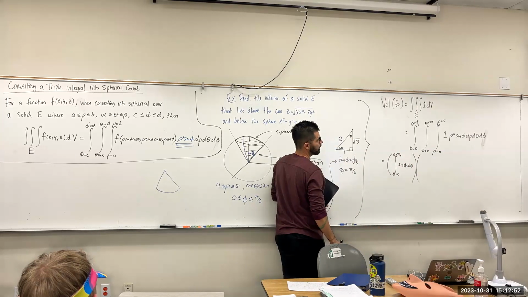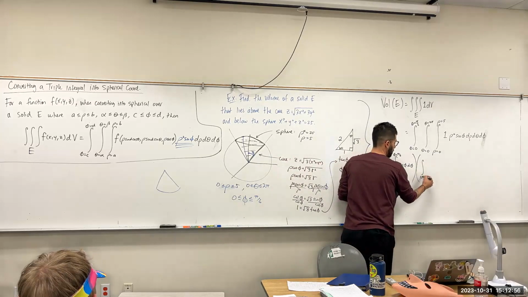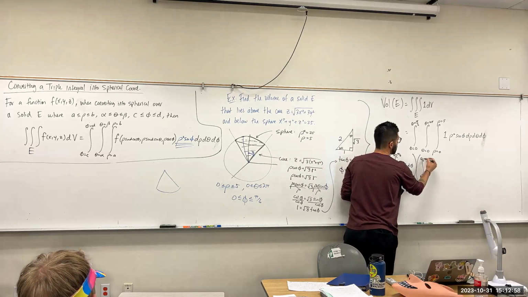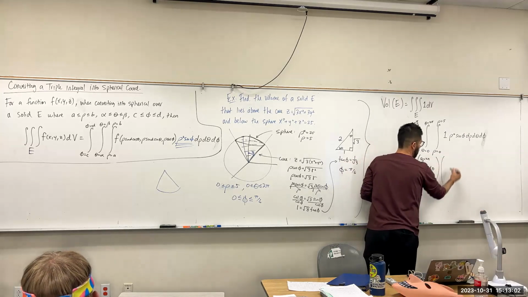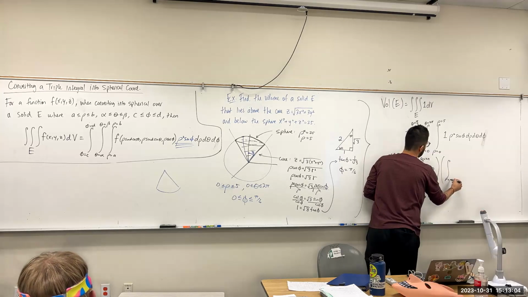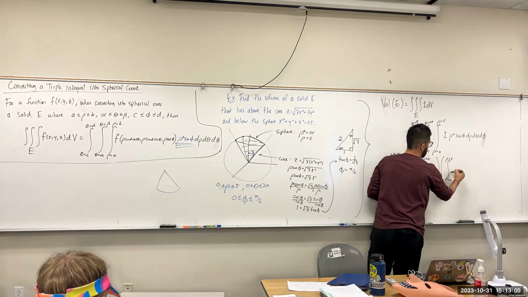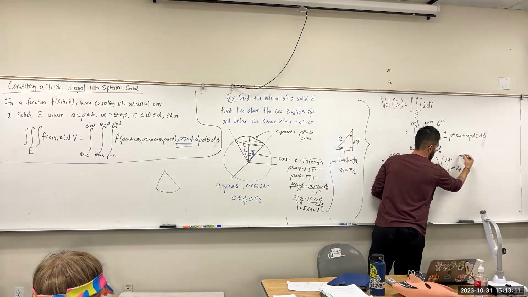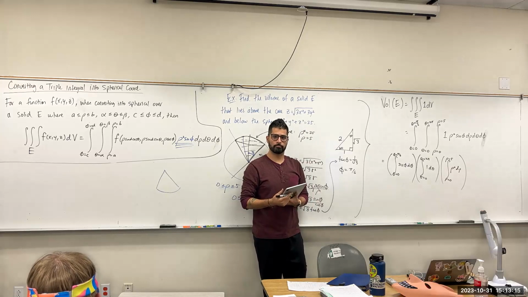What's the function for theta? 1, from 0 to 2 pi. And then the function for rho is rho squared. So you just do those three easy integrals and then you get your answer.